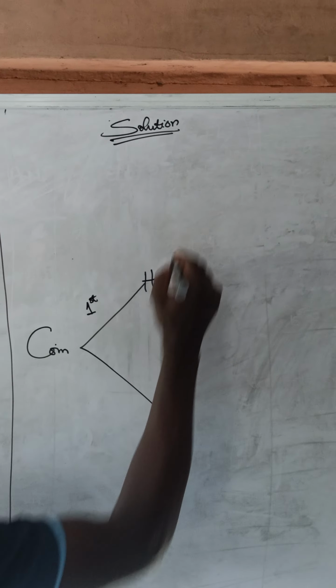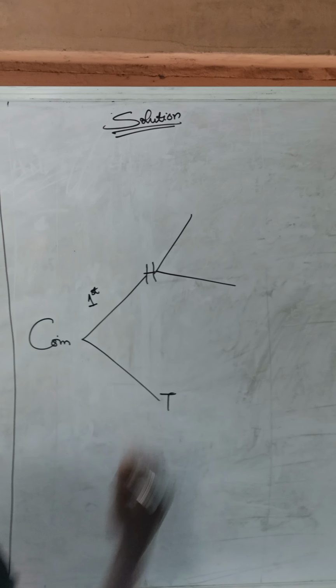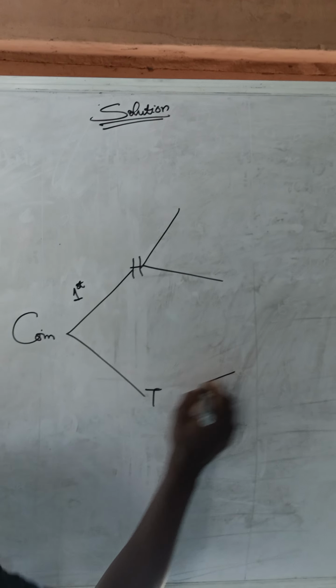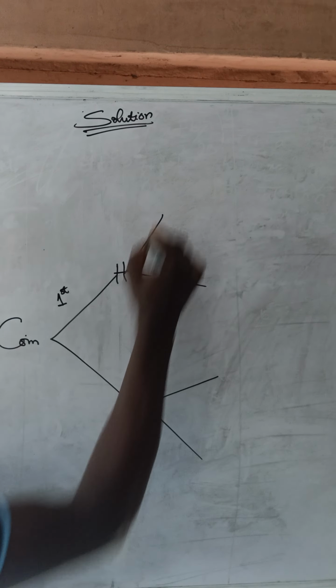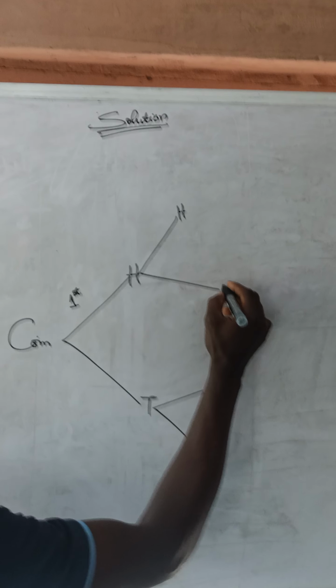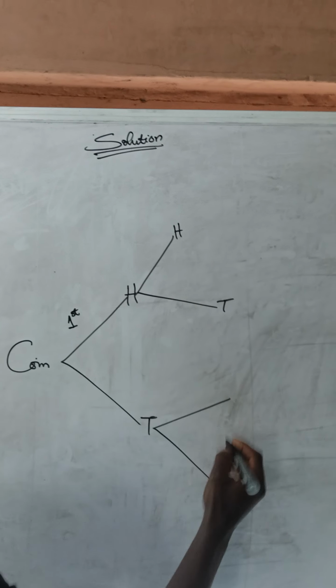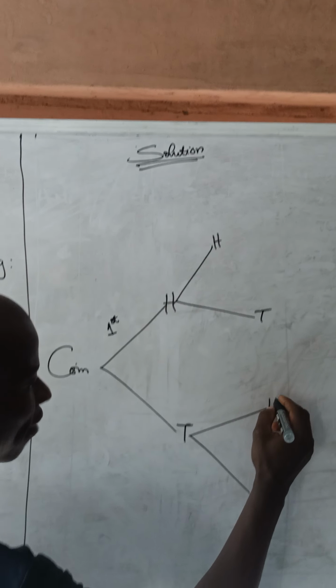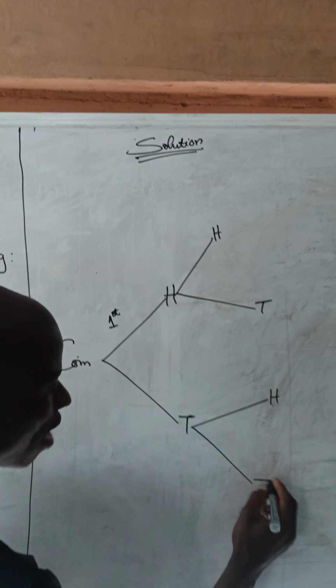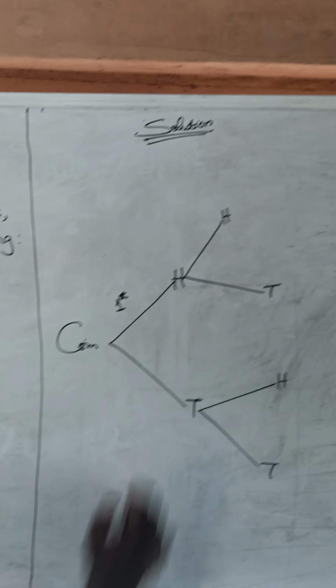For the second throw, you draw the diagram again for the head and then for the tail. So you have head, you have tail. Under the tail also you have head and tail. That is the second throw.